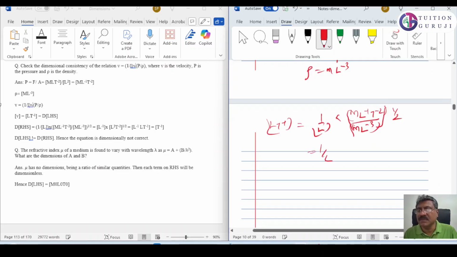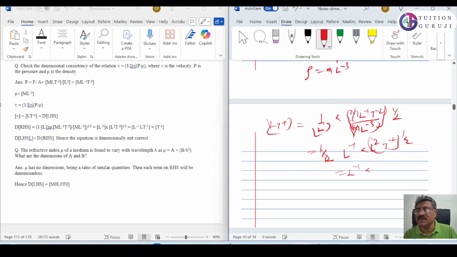This is 1 by L, meaning L raised to minus 1, into, M cancels, L square T raised to minus 2, the whole raised to half.